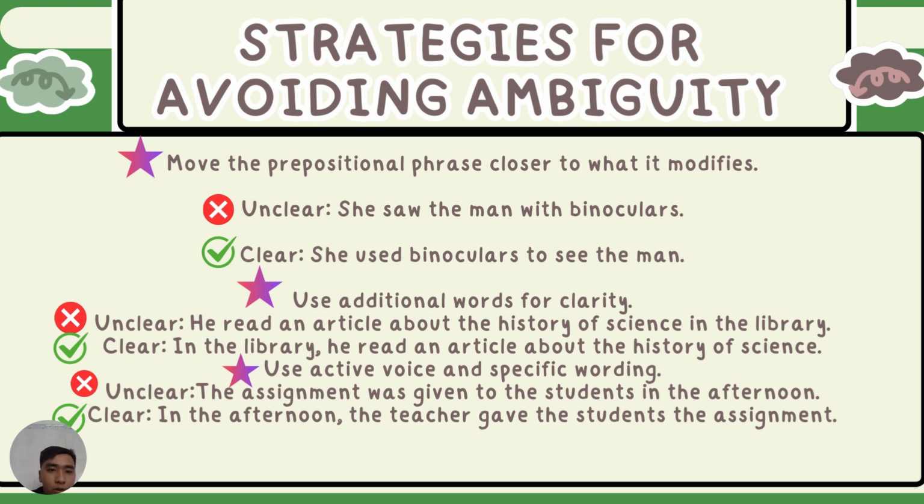Use additional words for clarity. Unclear: He read an article about the history of science in the library. Clear: In the library, he read an article about the history of science.